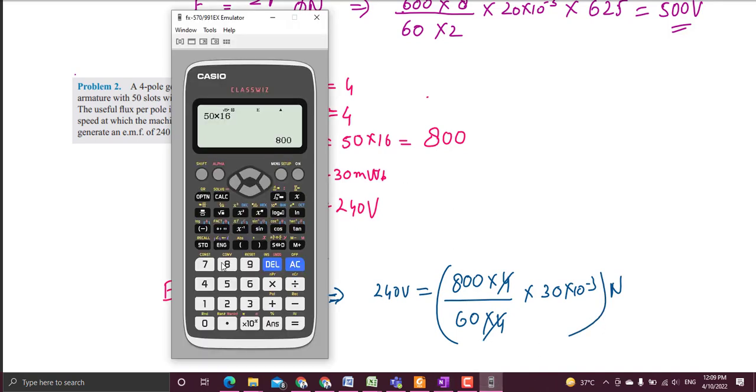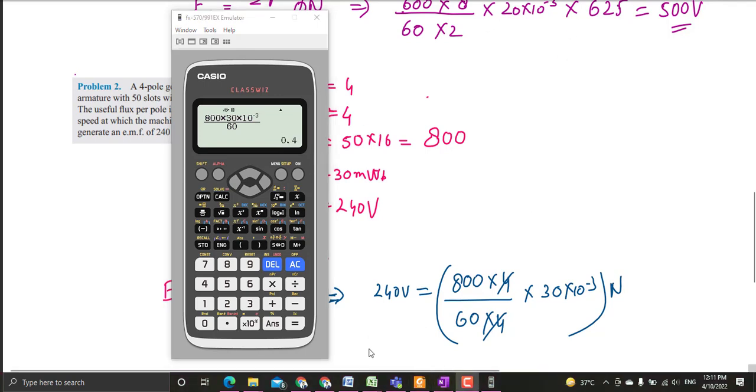This is 800 into 30 into 10 to the power minus 3 divided by 60, which is equal to 40, which is equal to 0.4.